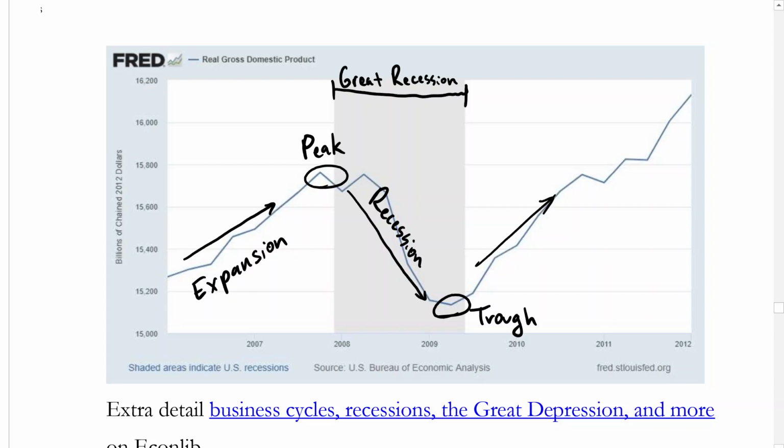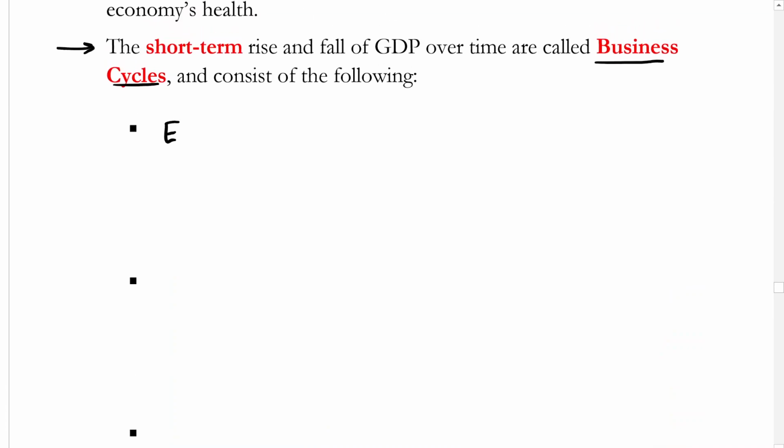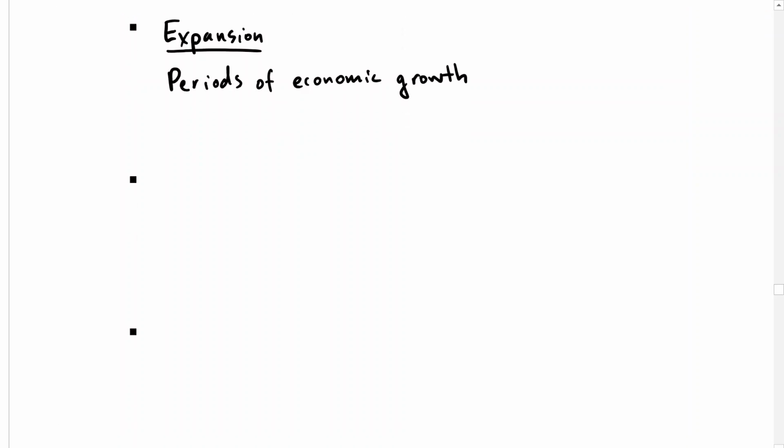Okay, so let's write down all of these items in a list. First we have expansion, which are periods of economic growth.